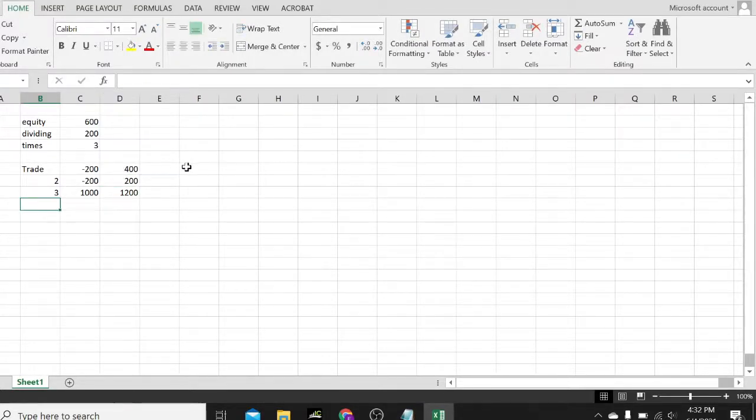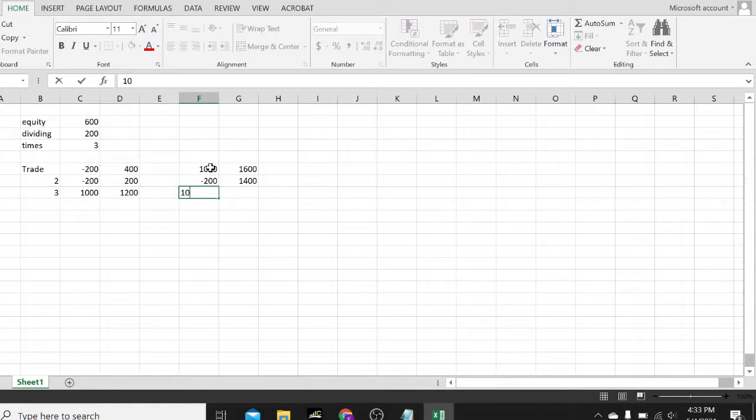That's the first scenario. And the second scenario, the first trade, I'm gonna have 50k. I'll be gaining 100,000. So my total will be, the second trade, I lose 200.